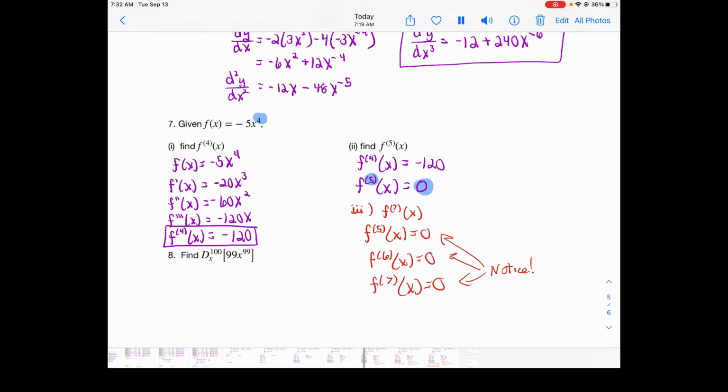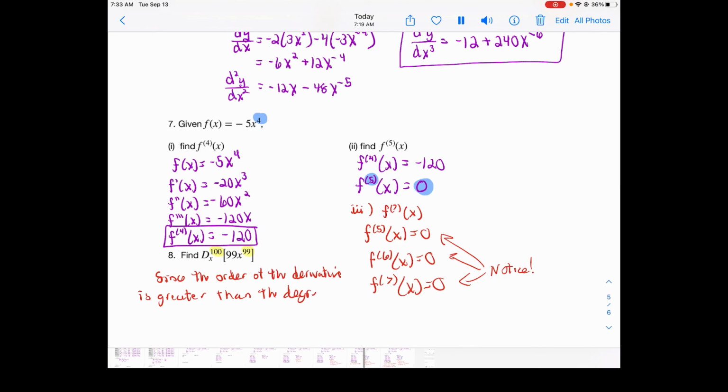If I have negative exponents, those don't quite follow this rule because you keep getting more negative exponents. So here in this example 8, notice that since the order of the derivative, which is 100, is greater than the degree of my polynomial, the 100th derivative of 99x to the 99 with respect to x is 0.